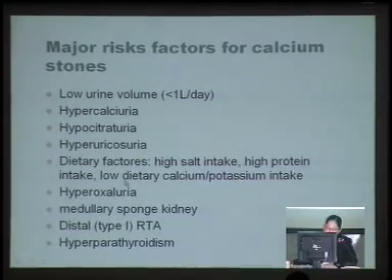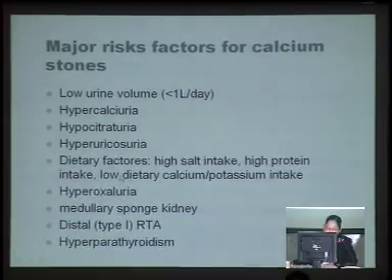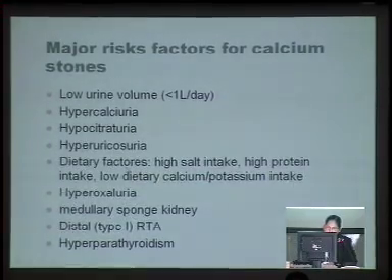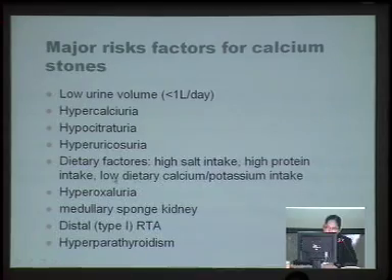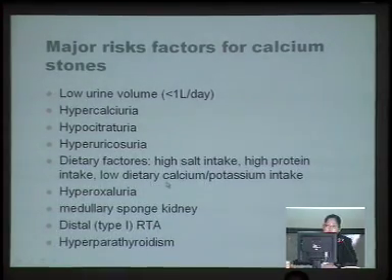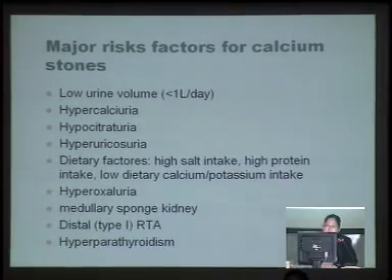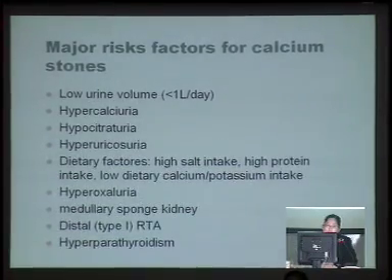And the low dietary calcium, why is that? In patients who have kidney stones from calcium, we encourage them to take an adequate amount of dietary calcium because it binds with the oxalate in the food, so it would reduce the oxalate absorption from the GI tract when you take enough calcium in the food, not the supplement.